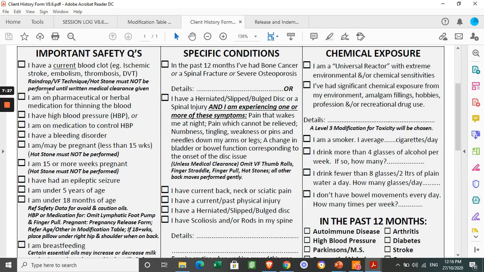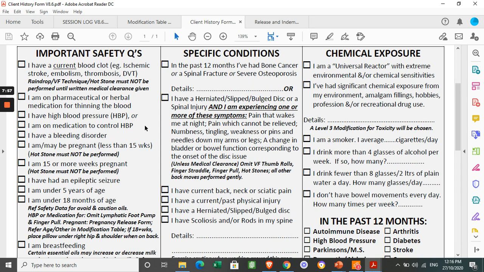Next, in the important safety questions, we've got things like, I am on pharmaceutical or herbal medication for thinning the blood. I have high blood pressure or HBP, or I'm on medication to control high blood pressure. We ask that question because people who actually are on medication to control high blood pressure will tell you that they don't have high blood pressure because effectively the medication controls it.